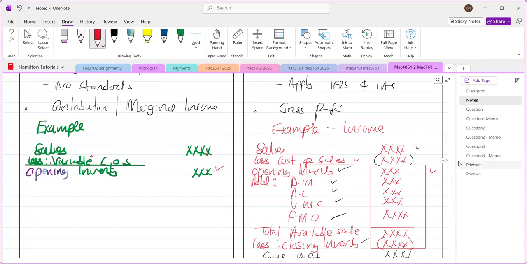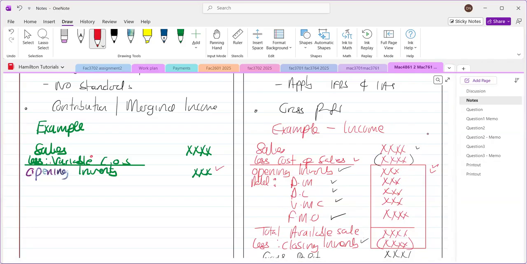What will be the difference there, good people? Is it the variable and fixed costs? Yes, but you see now, opening inventory here includes both variable and fixed costs.